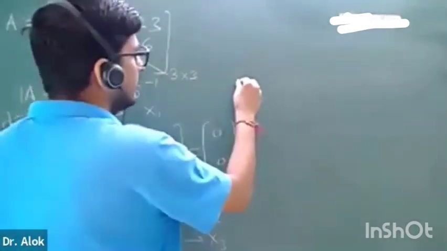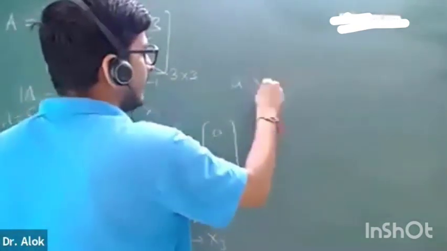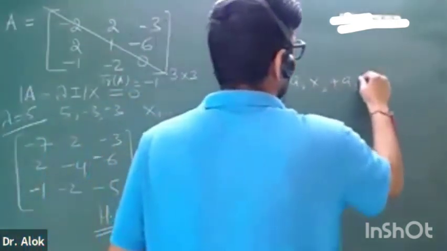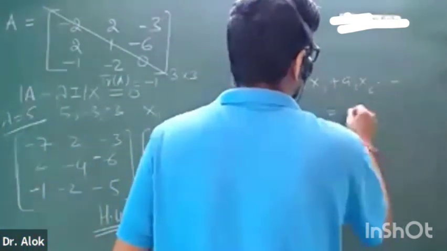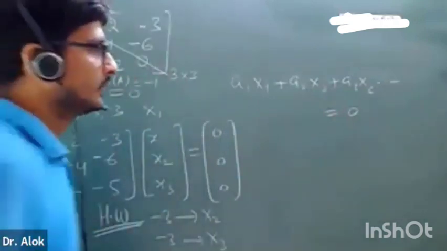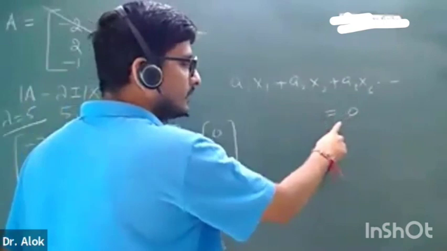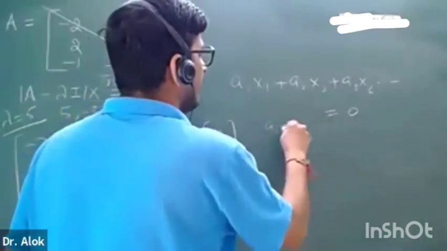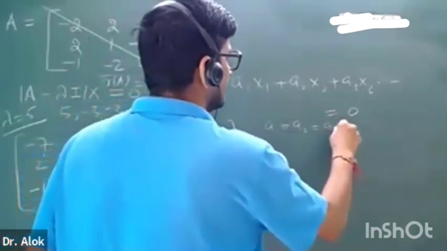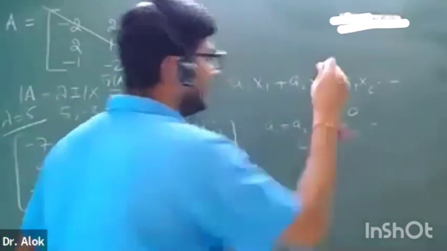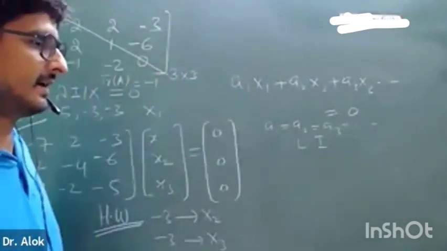So suppose you have vectors: a1 x1 plus a2 x2 plus a3 x3 is equal to 0. This is equal to 0 only when all these coefficients go to 0. Correct? Then the vectors are linearly independent, otherwise dependent.